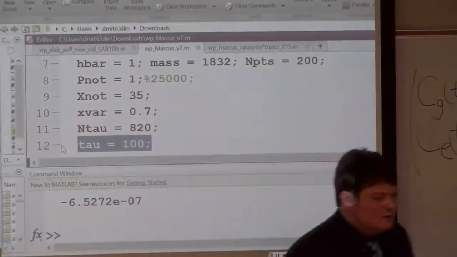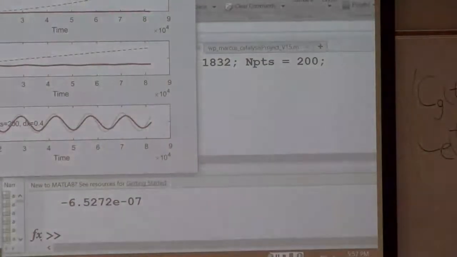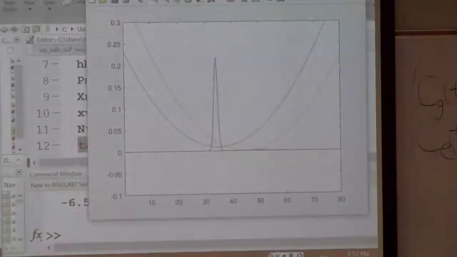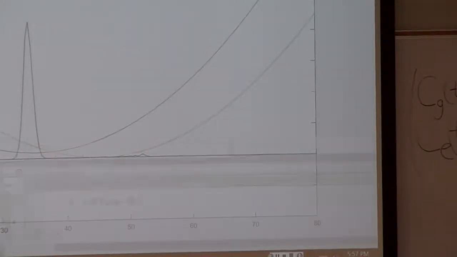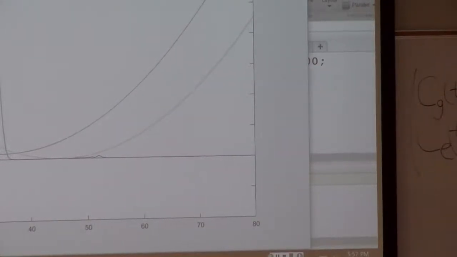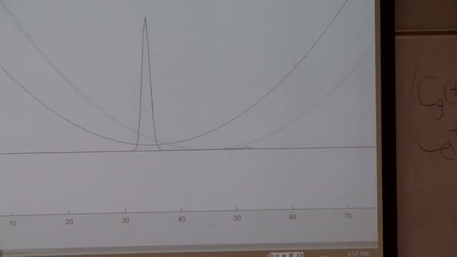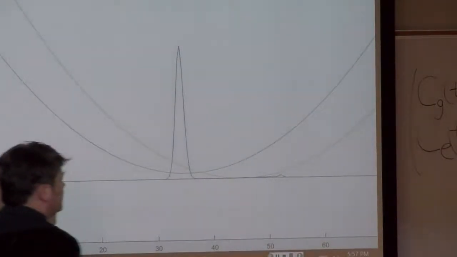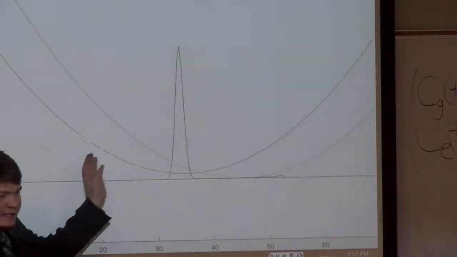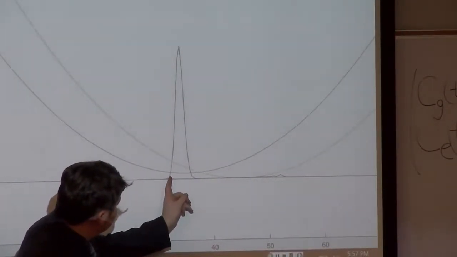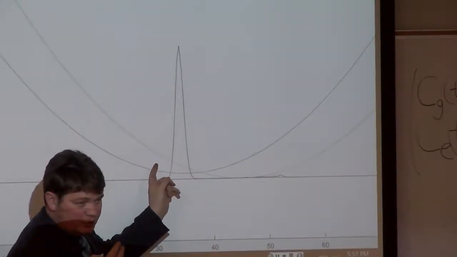There is another comment I really wanted to give. Instead of propagating it this way, one can, at each position, diagonalize this 2 by 2 Hamiltonian.